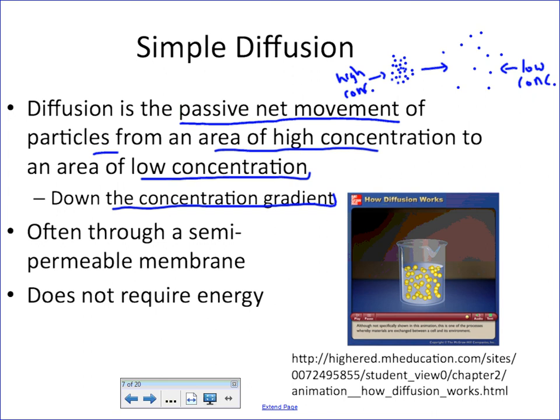Oftentimes when we deal with diffusion, we are dealing with a semi-permeable membrane, so we get diffusion through that semi-permeable membrane. This is a process that does not require energy in order to occur, so this is an energetically favorable process.